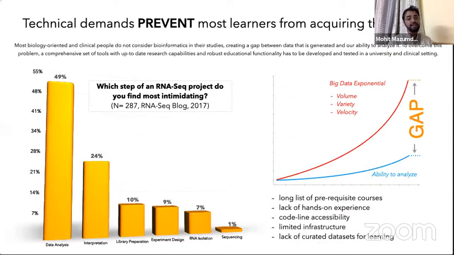Oftentimes clinicians, biologists, and students from a life science background report challenges with data analysis and interpretation that are holding them back and limiting their ability to rely on advanced technologies such as genomic sequencing, which we could incorporate in our research, and that could give us a really bright, clear picture of what is going on.